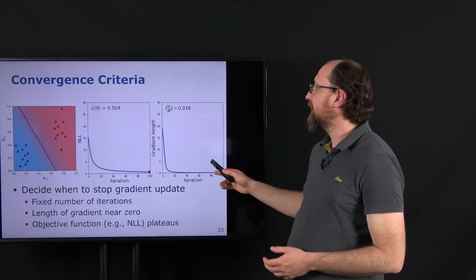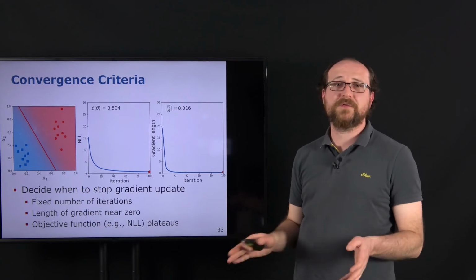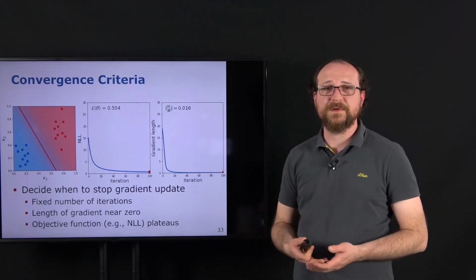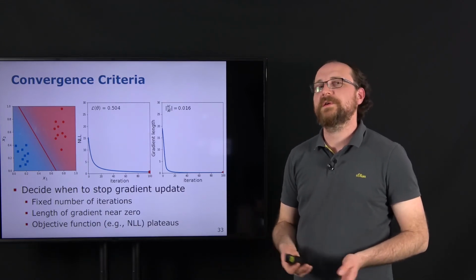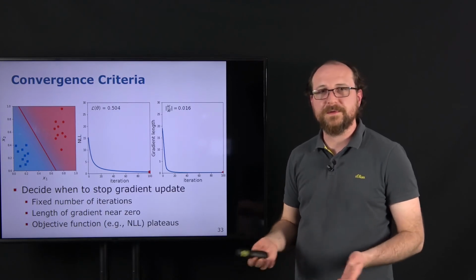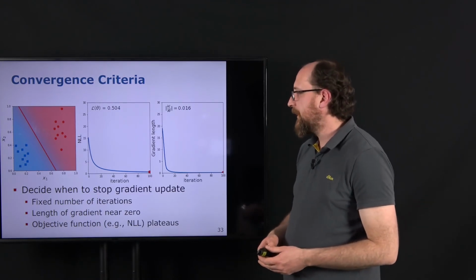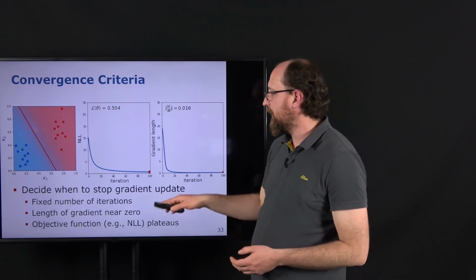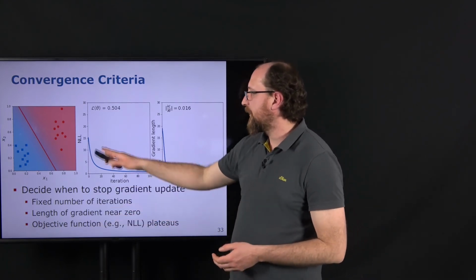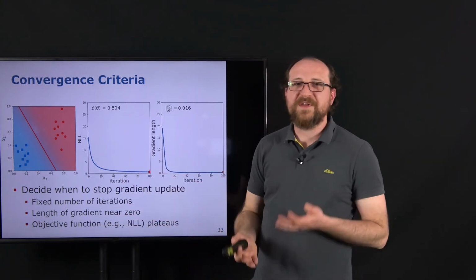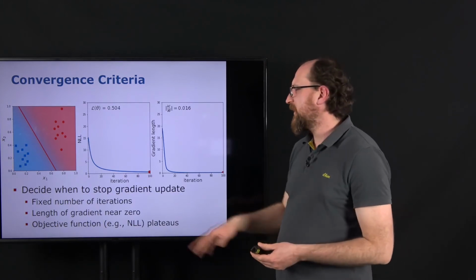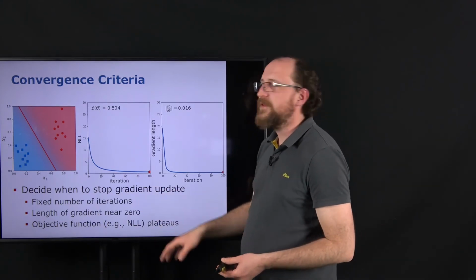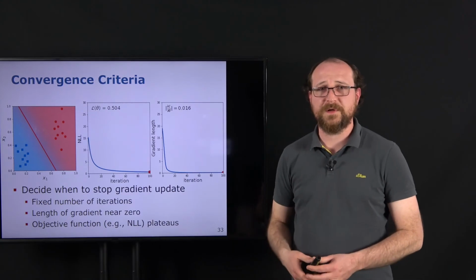When the gradient is nearly 0, then we are sure that we reached basically a minimum, which is not necessarily the global minimum, but maybe a local minimum. Or we can just look at the objective function, in this case the negative log likelihood, when this changes not so much. Usually it's something in between, so you have multiple criteria in the end.